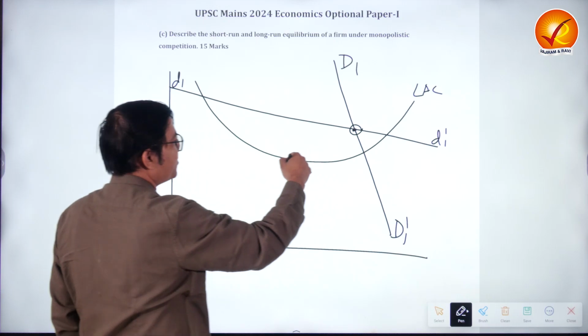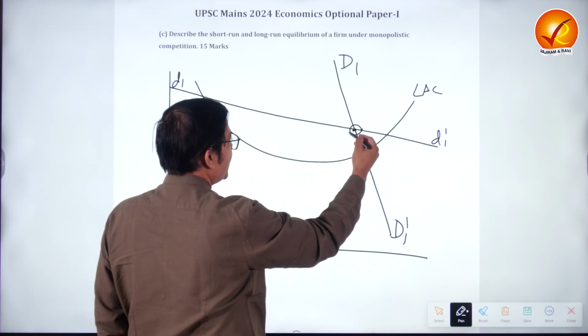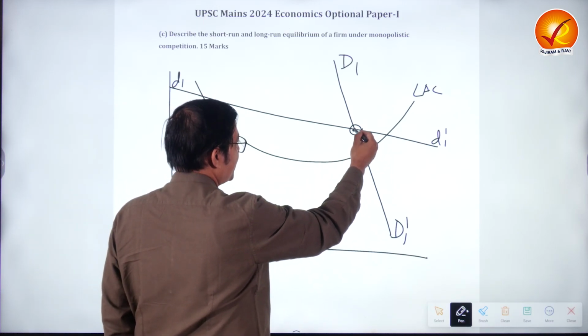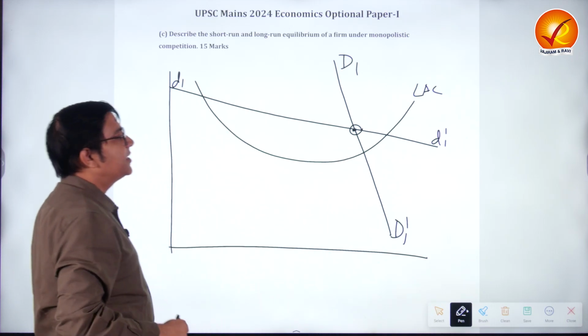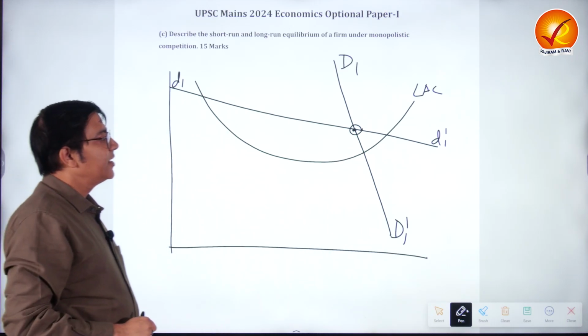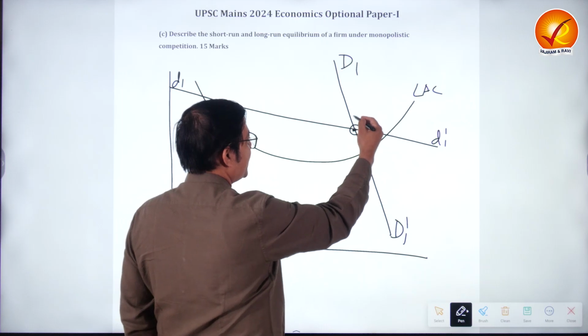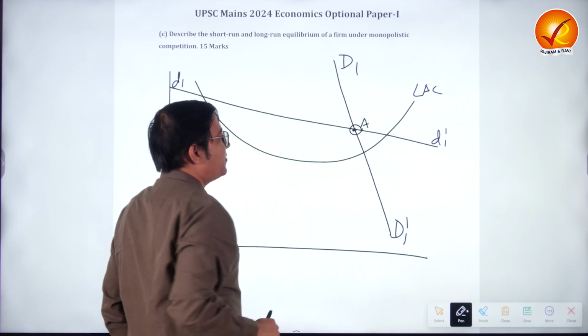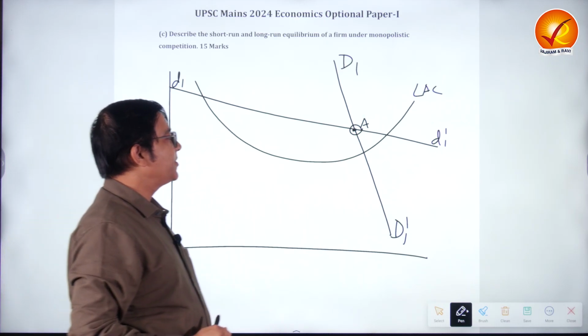The situation starts from here, and what we can see is that since the average cost is below the demand curve, the firms are earning profit. Clearly at a point like this, give it any name, say A, the firms are earning supernormal profit.